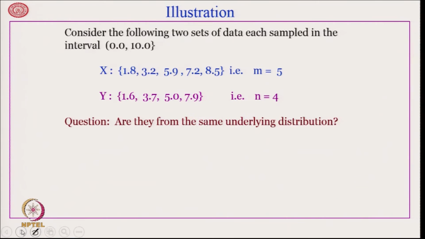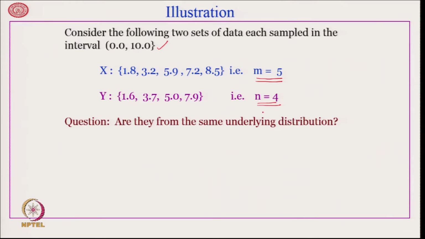Let me first give you an example. Suppose we have taken samples from the interval 0 to 10. For sample 1, that is x, we have selected 5 points, so m is equal to 5, and sample y has 4 points, so n is equal to 4.